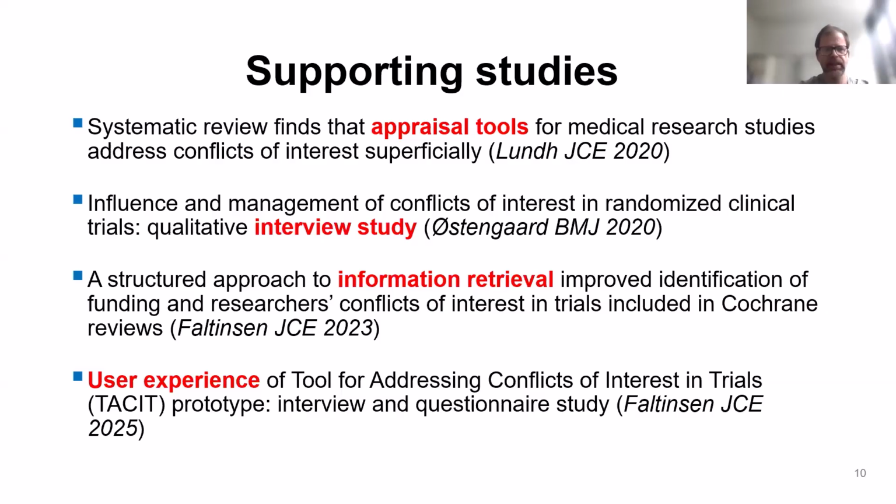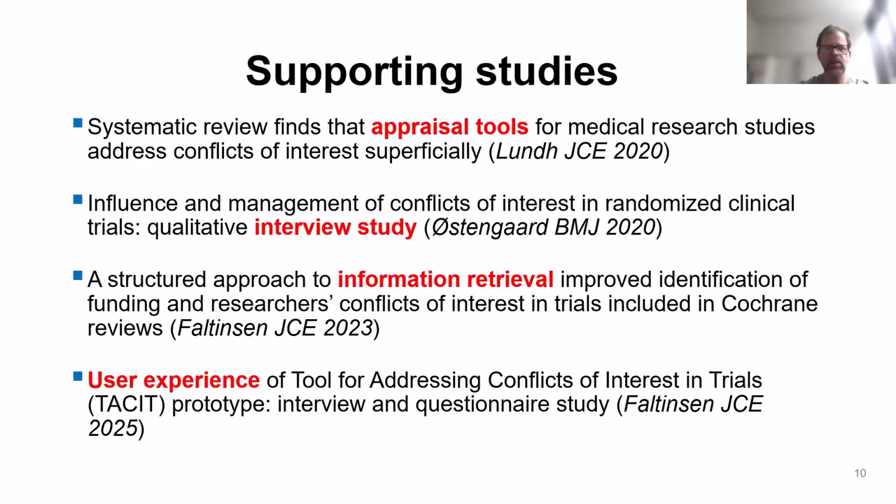In the third study, we tried to address the challenge with conflicts of interest, that being that in many trials, especially older trials, there's missing information on conflicts of interest, funding information, and in particular the role of funders in the trial.